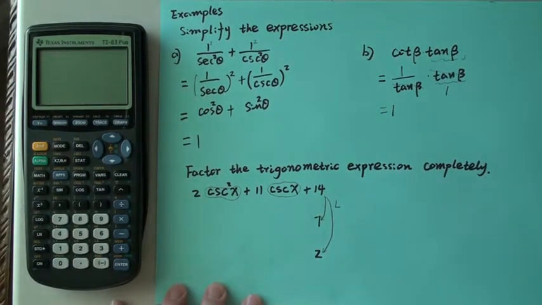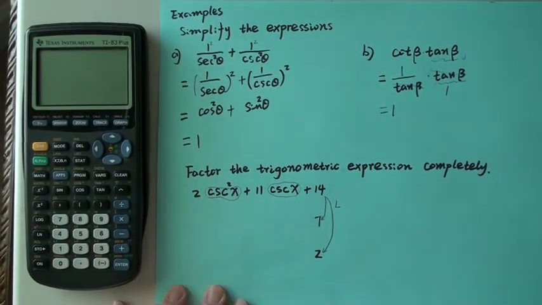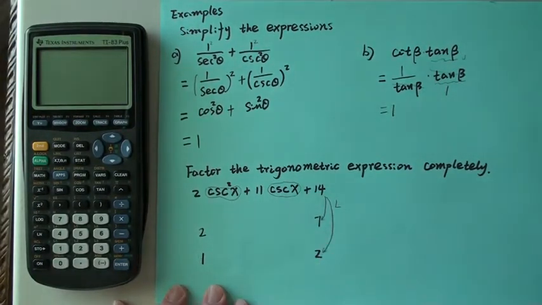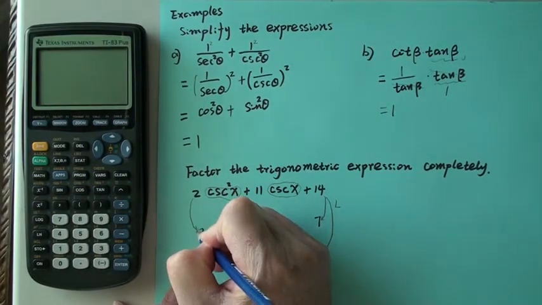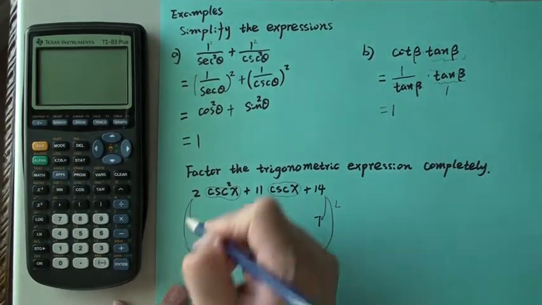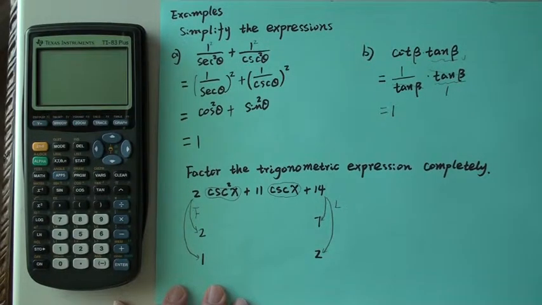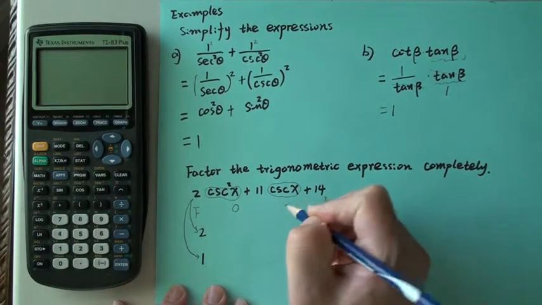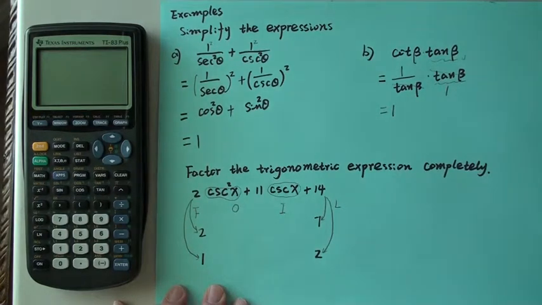Okay. You might also want to break 2 into two numbers, 2 and 1. In the FOIL method, if you break up 2 into 2 times 1, this will be your first product. Okay? Now then, what is the outer product and inner product? FOIL method, right?